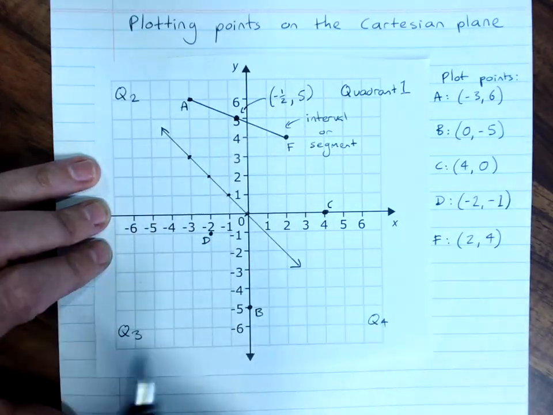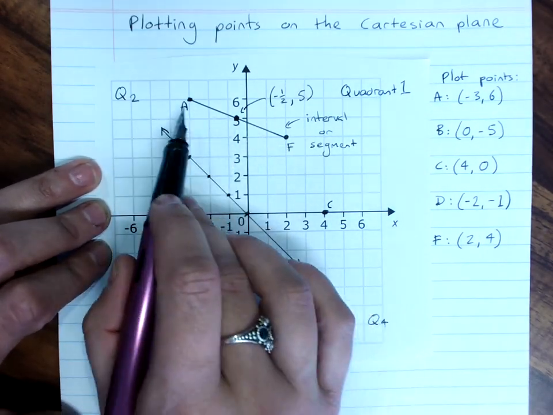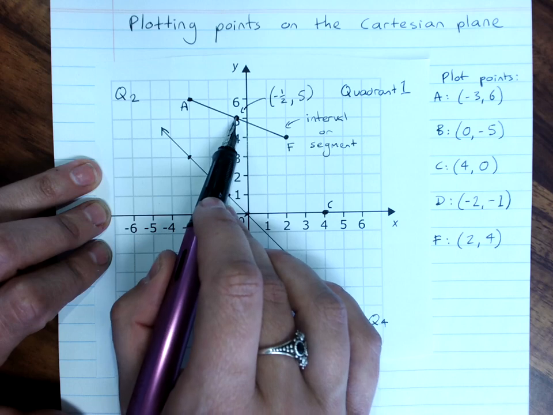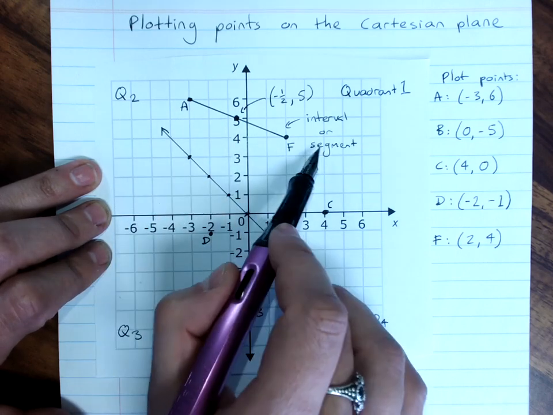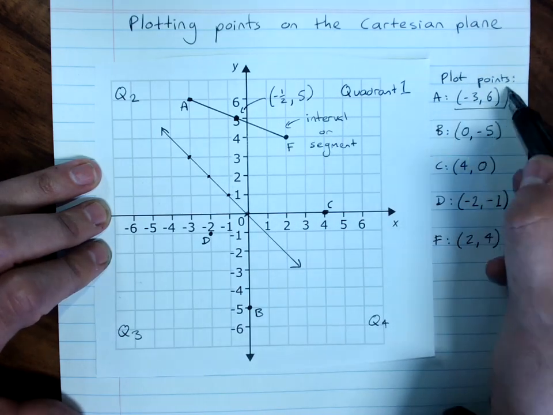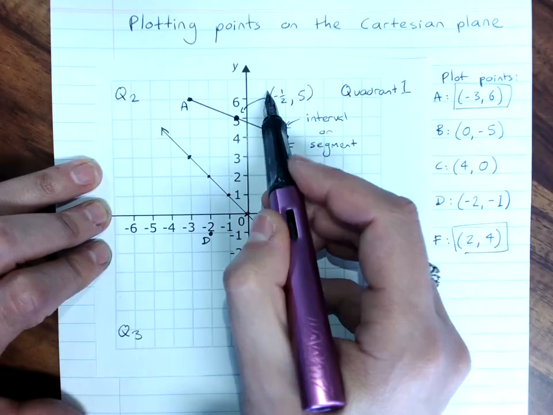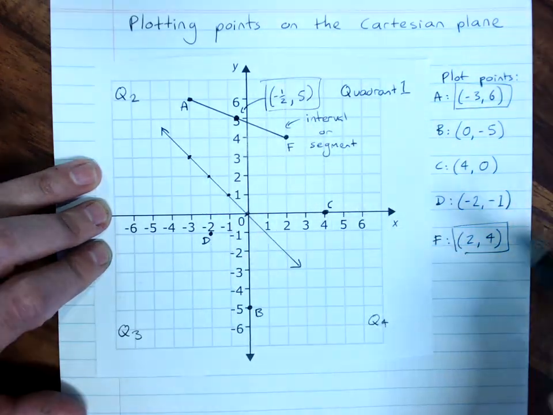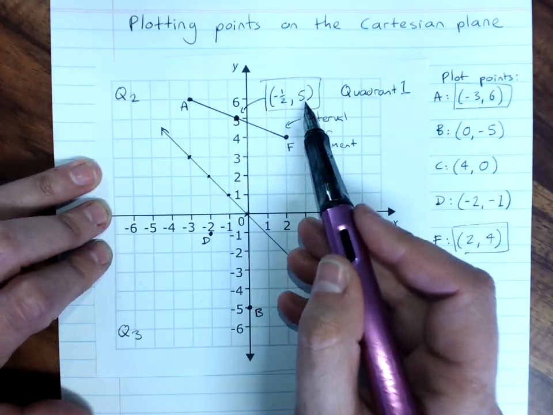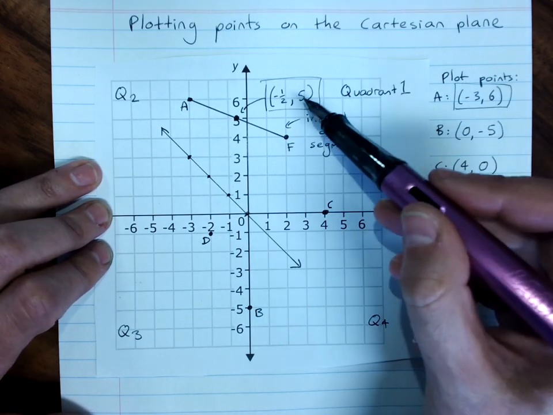So what I would suggest you do is, if you were looking to see, is there a way that I could work out the middle point that cuts in half the line segment AF, you'd look at the point A, you'd look at the point F, look at the coordinates of the point in the middle and see, how did I get this? I had 6 on the y and 4 on the y. How did I get 5?